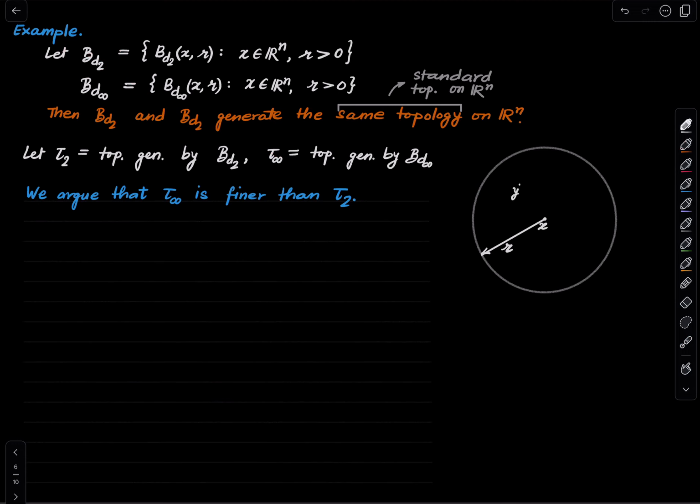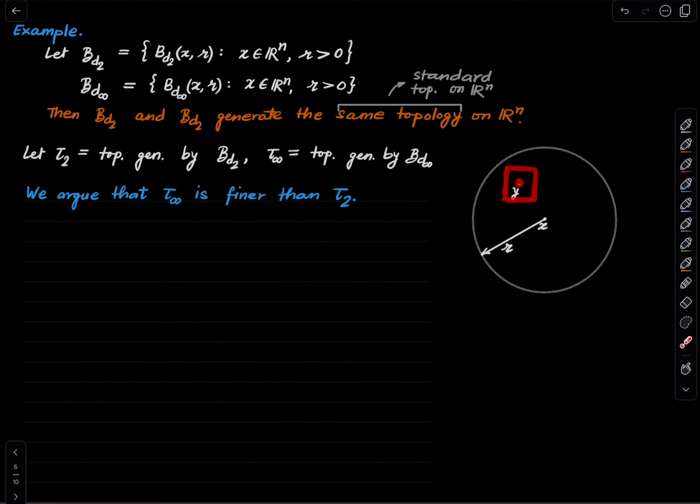Okay. What do we want to do? We want to show that there is some element of this which contains y and is contained in this original ball. The elements of this, recall, look like squares. That's how we can draw them in R2. So pictorially it should be clear. Squares can be fit inside circles.